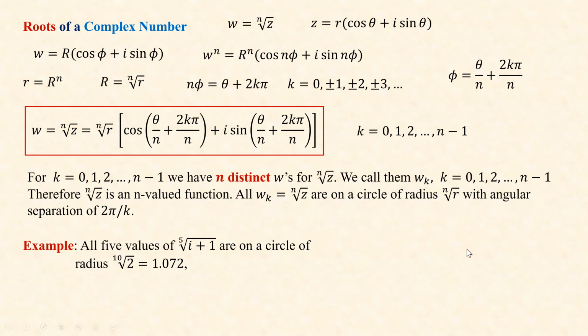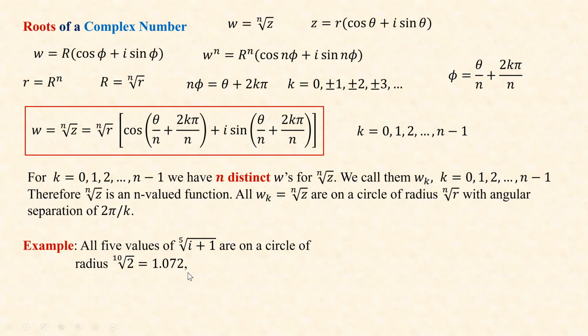You see, let's say z is i plus 1. It has an absolute value r of square root of 1 squared plus 1 squared, so it's square root of 2. Then if you take the fifth root of square root of 2, you get, in fact, the 10th root of 2, which is 1.072.